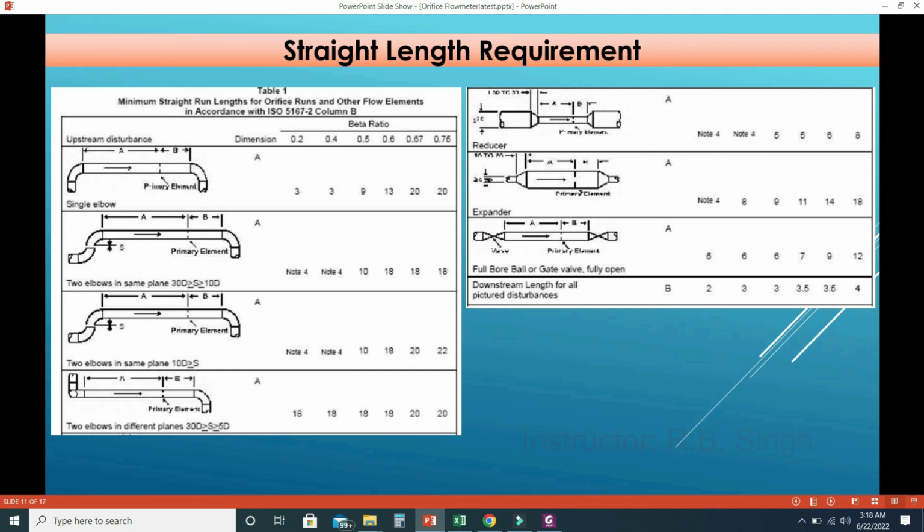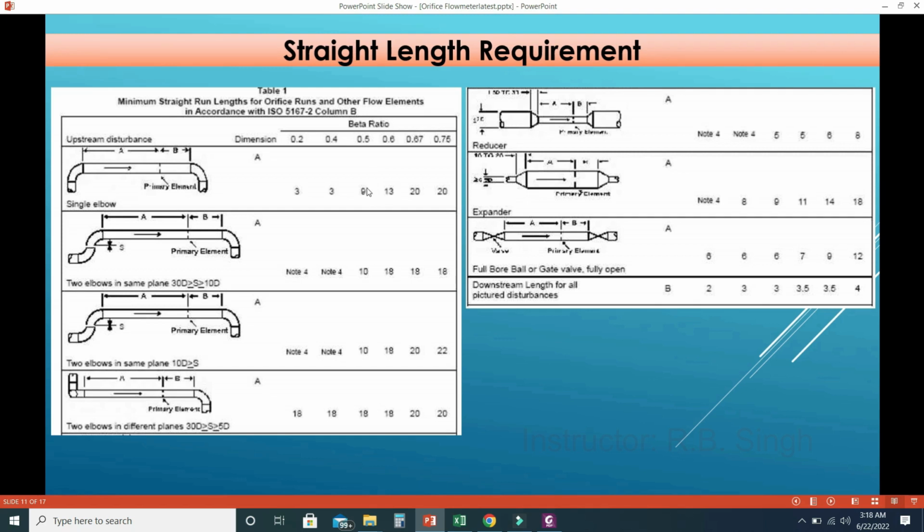So if you have the beta ratio and you have these types of installations, like a single elbow, two elbows in the same plane, and two elbows in different planes, these kinds of scenarios can be there. In these different scenarios, we have the upstream length A, like at 0.2 beta ratio it is 3, at 0.4 beta ratio it is 3, and at 0.5 beta ratio it is 9.